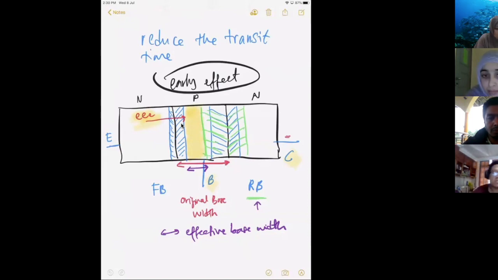Originally, we had a base, ma'am has marked it with pink color, if you can see the base width with pink arrow, the original base width. But when we increase the reverse bias, the depletion width will increase and go more and more into the base side, thereby decreasing the effective base width.